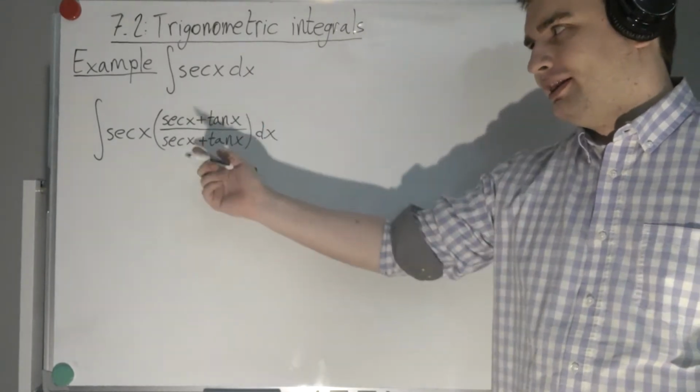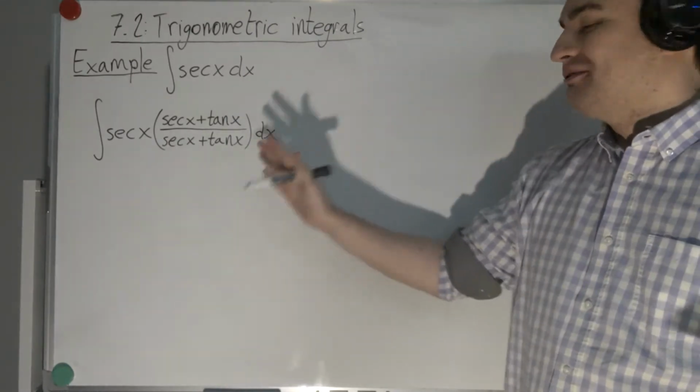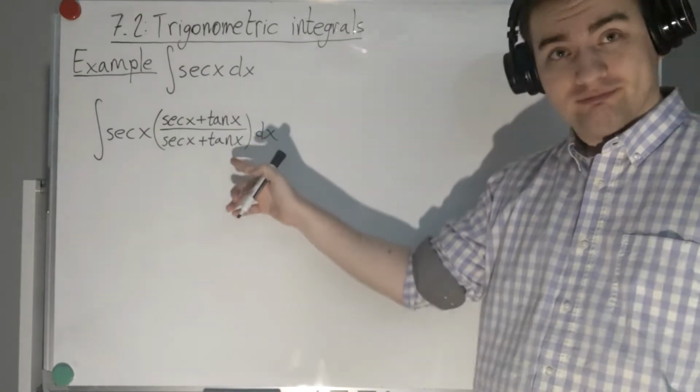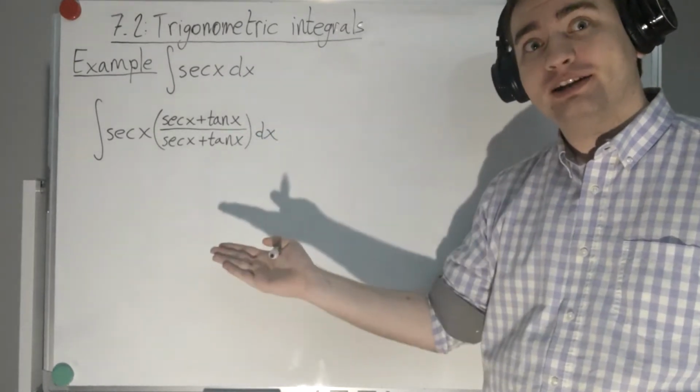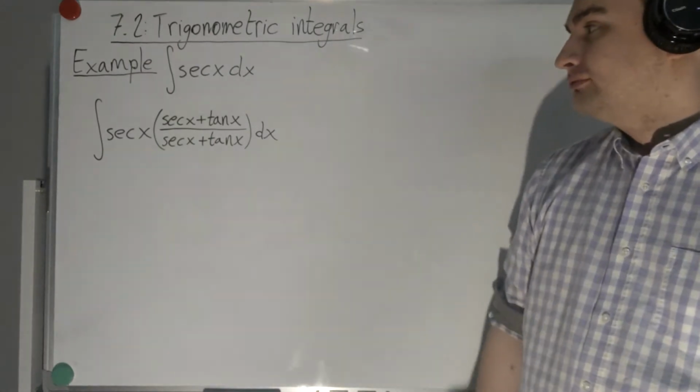You might be wondering why this, and that's a valid question. But first, can we just recognize that this actually works, right? This is 1, right? Because it's just something divided by itself. So it is 1, and we can do this, right? Okay.